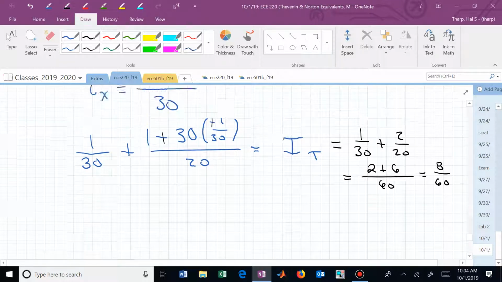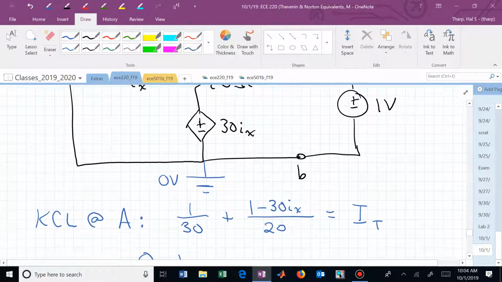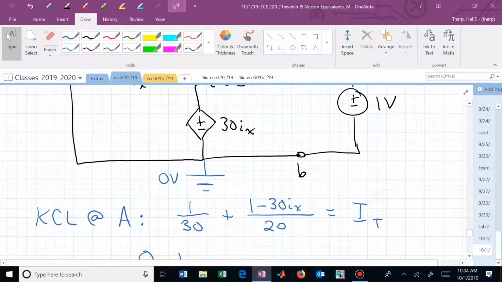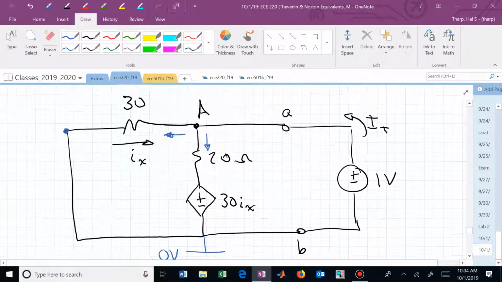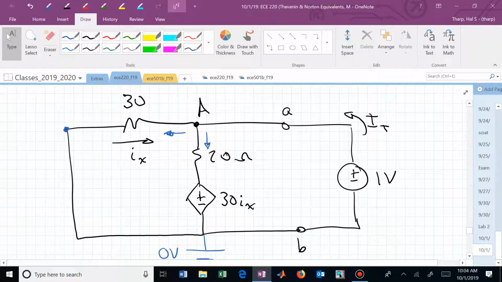Where were we? We were trying to find I sub t. Why did we want I sub t? Why did we compute I sub t? What was the point of that? We were trying to find that because we knew what the voltage was. We know this. That's 1.